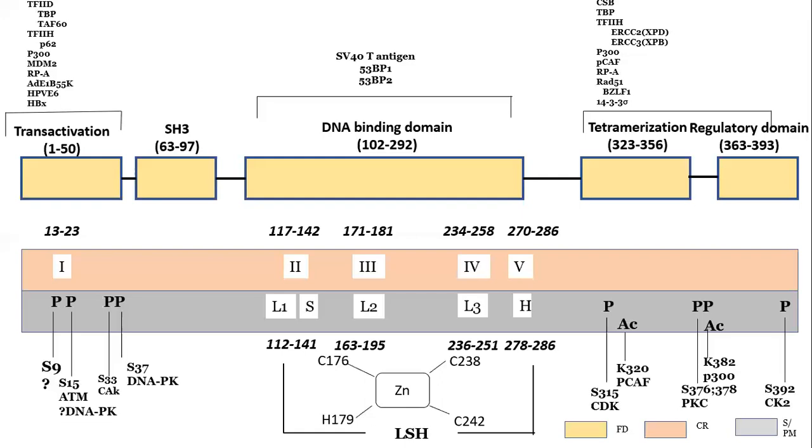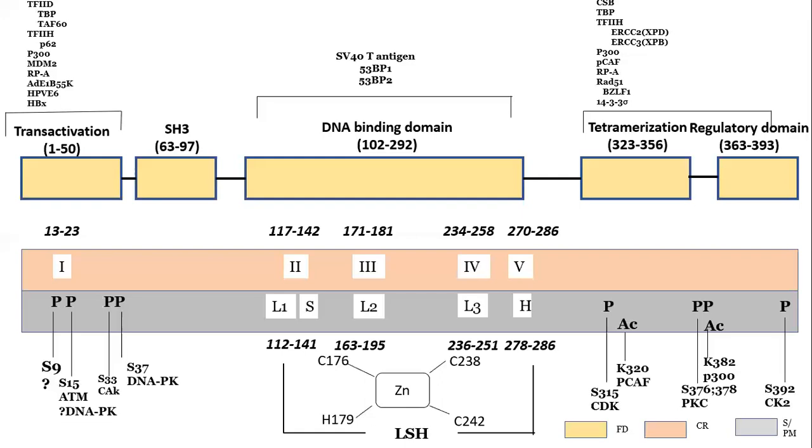First, the N-terminal region from amino acid 1 to 50 is called the transactivation domain. It is important for recruitment of various transcription factors including TFIID, TFIIH, TBP, and TBP-associated factors, TAF.